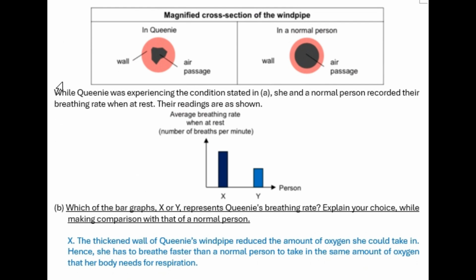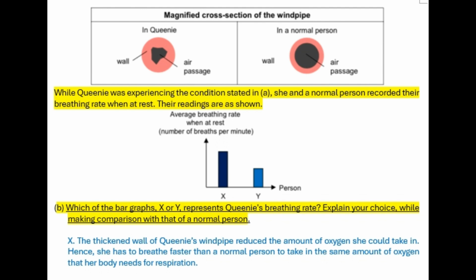While Queenie was experiencing the condition stated in E, she and a normal person recorded their breathing rate when at rest. Their readings are as shown. B. Which of the bar graphs, X or Y, represents Queenie's breathing rate? Explain your choice while making comparison with that of a normal person.